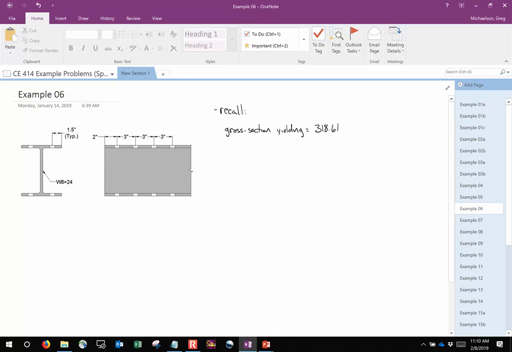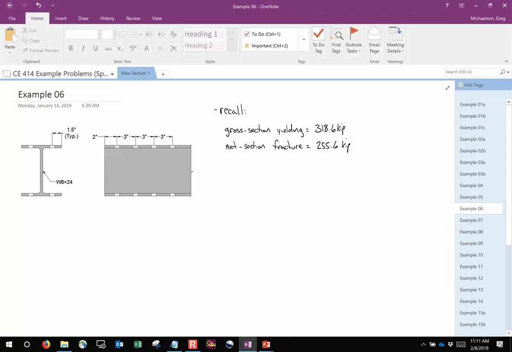What about net section fracture? 255.6. Right? Okay. So if the block shear capacity for this problem came out to be like 205, then it would govern, right? That would actually be the capacity. In other words, it would endure block shear before it yields or fractures, okay? We just have to go through this calculation and see.